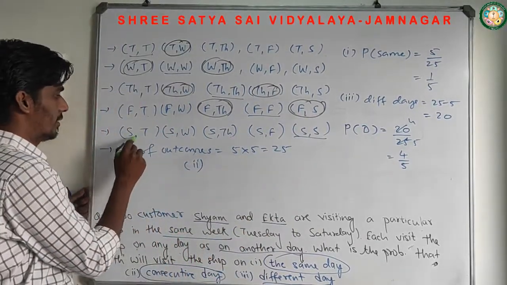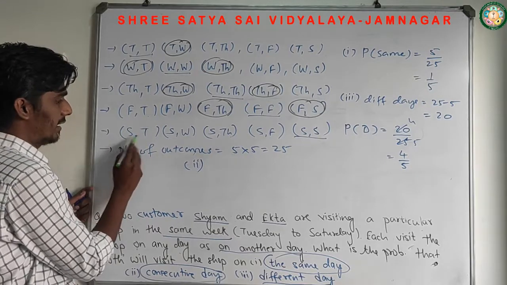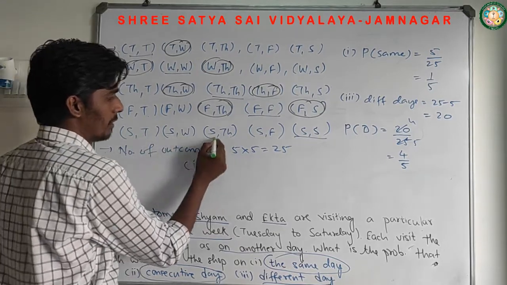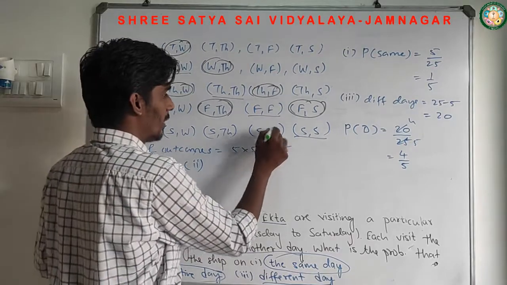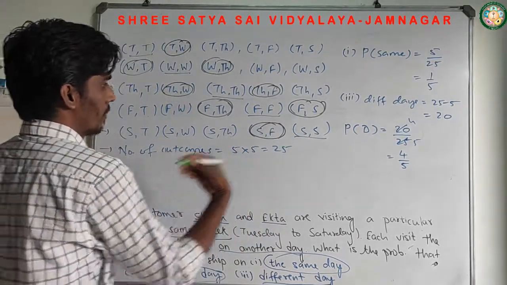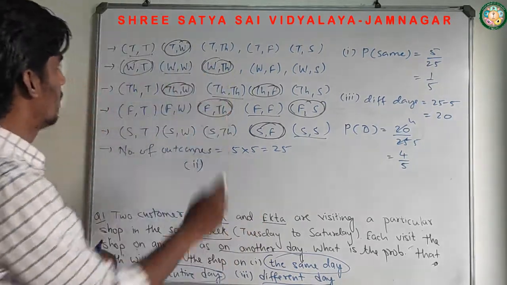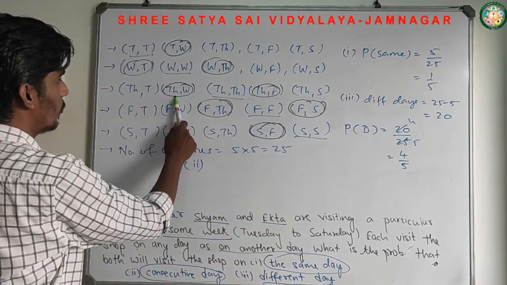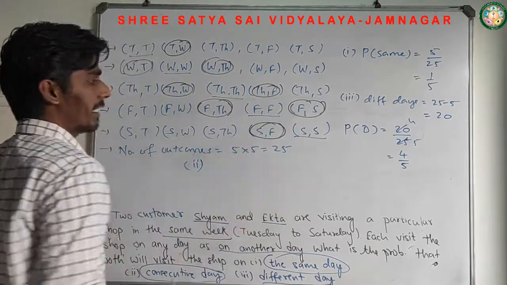Again, Saturday, Tuesday. Saturday, Wednesday. Saturday, Thursday. Saturday, Friday, this one. And this one will not work. Now just count the number of circles: 1, 2, 3, 4, 5, 6, 7 and 8.